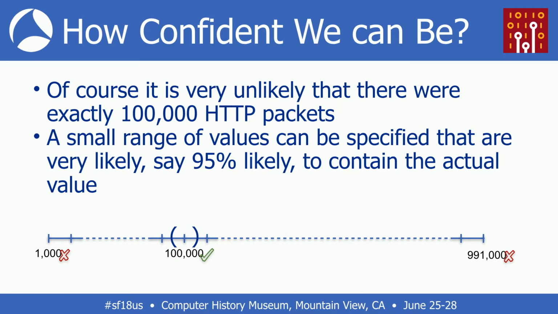That is, we can say, I know that it's unlikely that 100,000 is the exact value, but I want an interval, possibly a narrow interval, so that I can be confident, 95% for example, that the actual value falls in this interval.